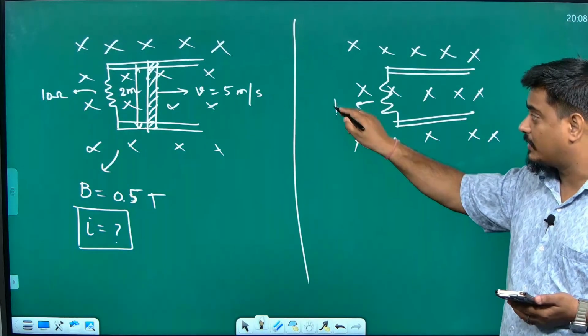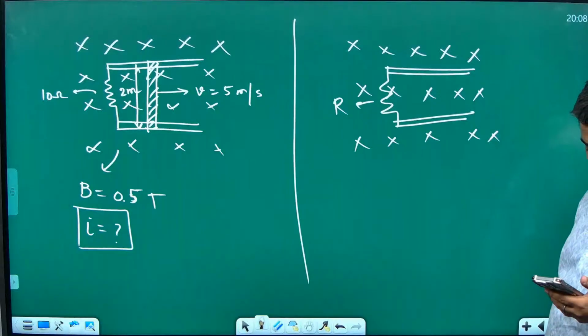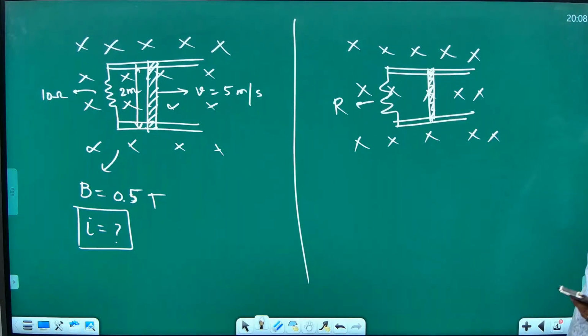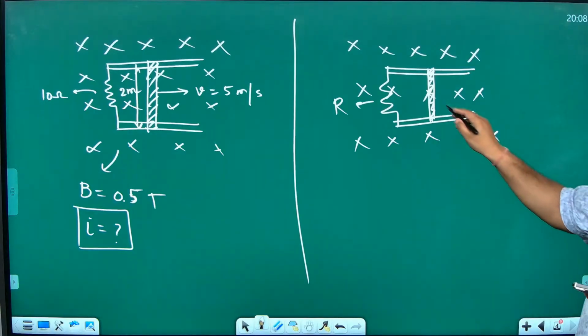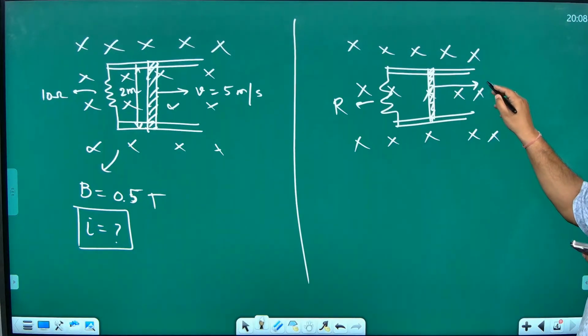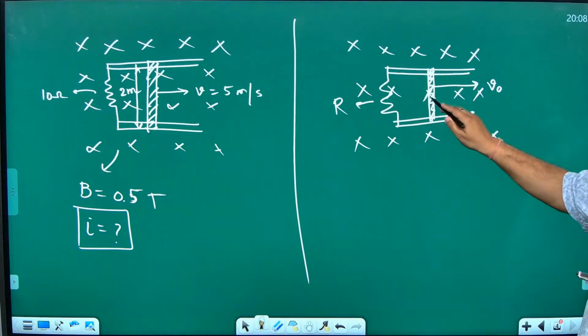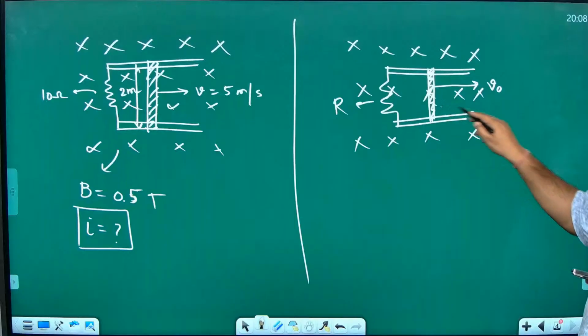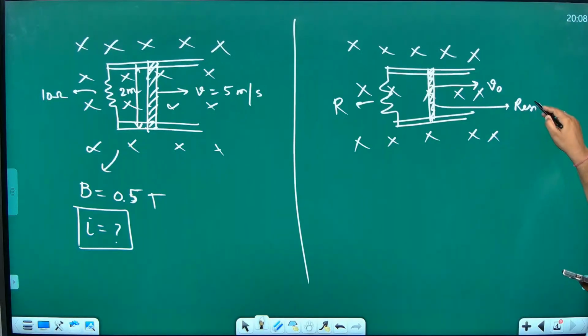Resistance is given as R. There is a moving conductor having velocity V naught. One more thing they have told, the resistance of this rod is small r, okay? Magnetic field is given as B.